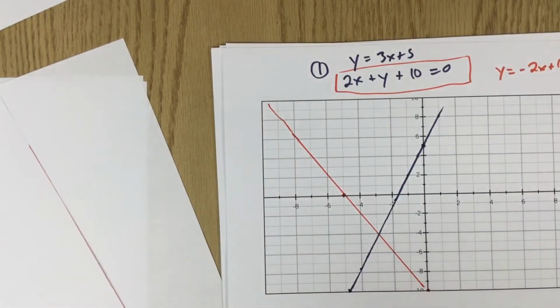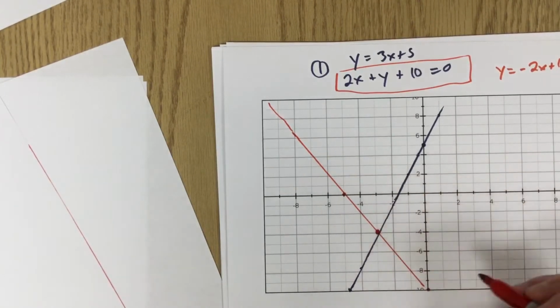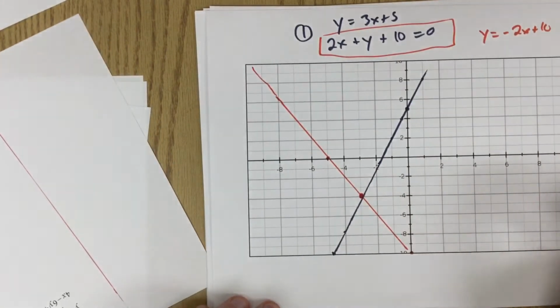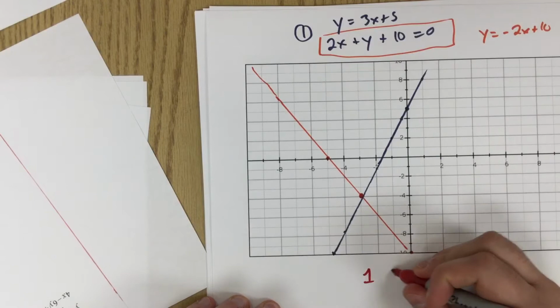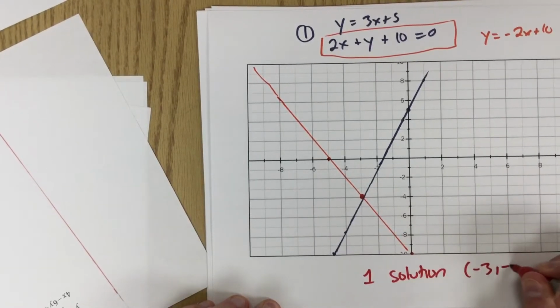And there we go. And they meet over here, so it looks like there is a not very exciting one solution. And the solution in this case is minus 3, minus 4.